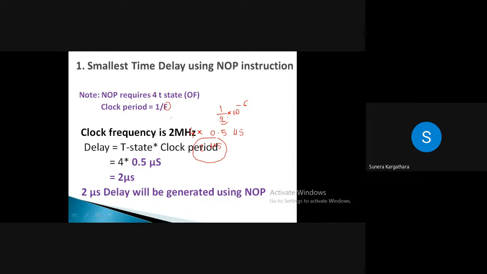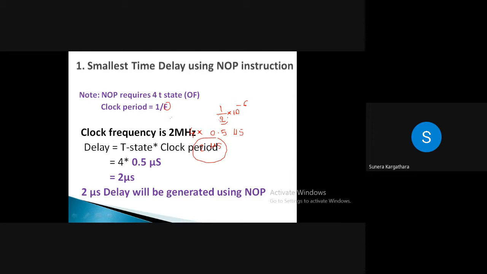If I need a 6 microsecond delay, what can be done with this 2 megahertz frequency? Hurry up, tell me. What can be done by using NOP?